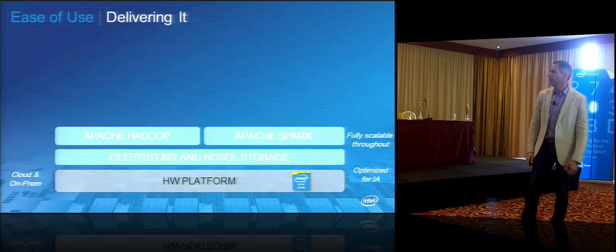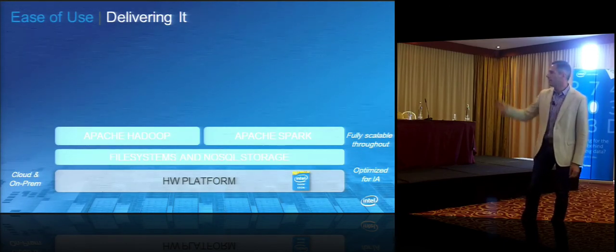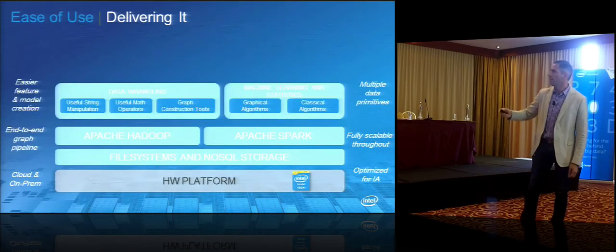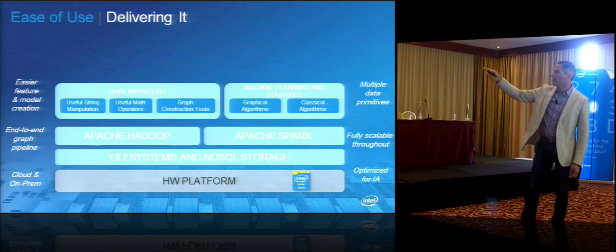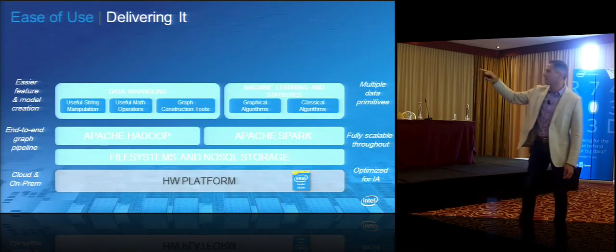And so what Intel's doing is building a system that starts with the foundation of Cloudera, so it's scalable throughout the full pipeline. We add data wrangling, so we can do string manipulation, math operators, and graph construction. We're supplying new machine learning libraries that are ready for commercial deployment, not the ones that are in open source, graphical algorithms, classic algorithms.